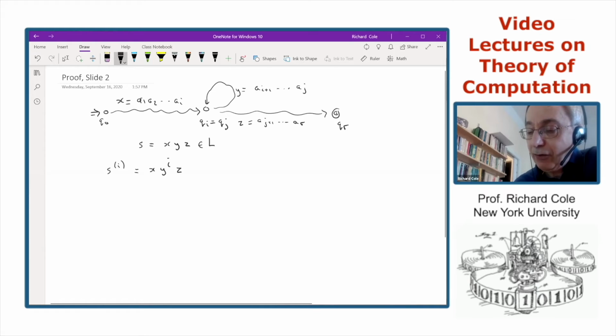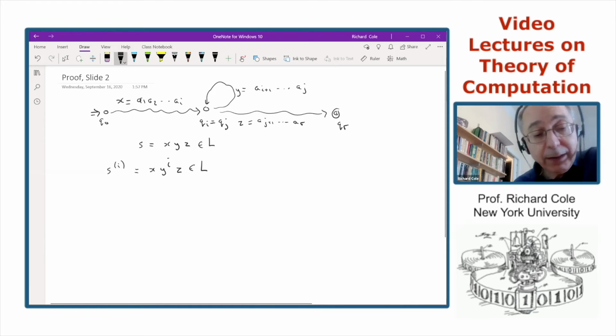Each repetition of Y takes us around this loop, that is from Qi back to Qi, or to Qj, which is the same thing. And once we've done i repetitions of the Y, we read Z, and Z takes us from Qi, which is Qj, to QR, which means that the string S_i takes us from the start state to an accepting state, and therefore it too is in the language, which was the third of our claims.